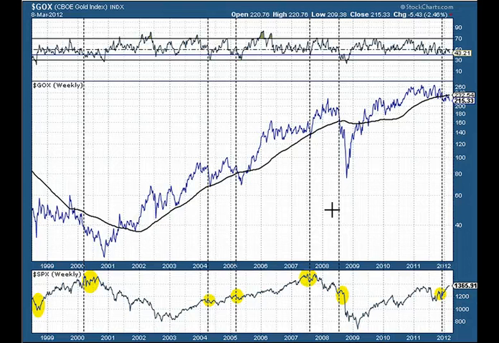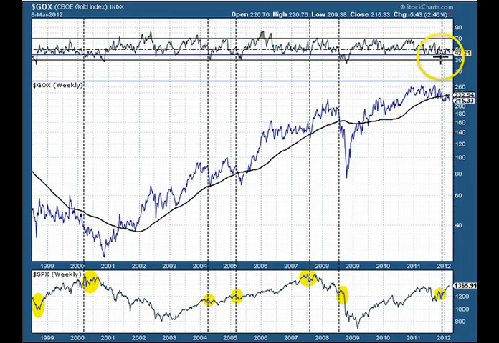There have been 6 instances in the last 12 to 14 years, 2 of which were the major crashes in 2000 and 2008 and 2009. If you excluded those 2 major crashes, even the minor downturns in the market averaged about 8.5% down in the stock market.